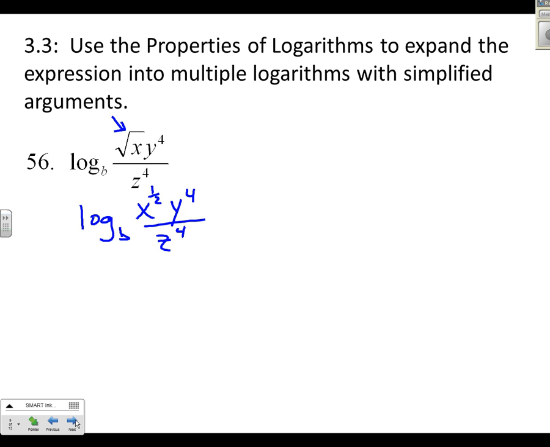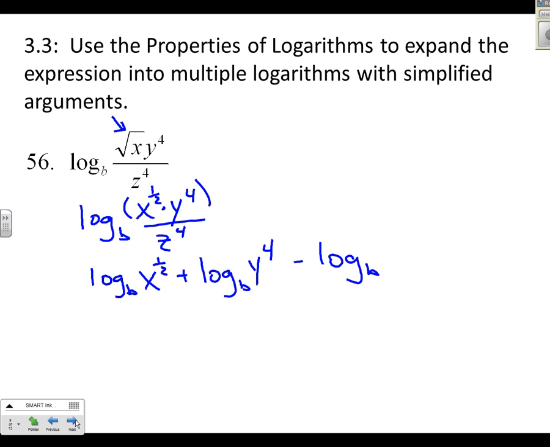In which case I can look at the numerator. It's a product, so that becomes sums. Log base b of x to the 1/2 plus log base b of y to the fourth. And then my denominator we would subtract. Log base b of z to the fourth.